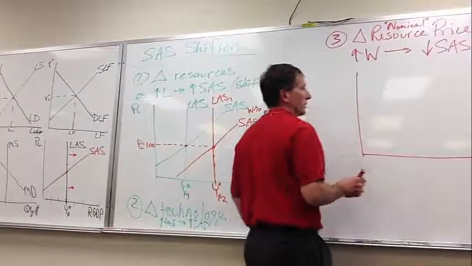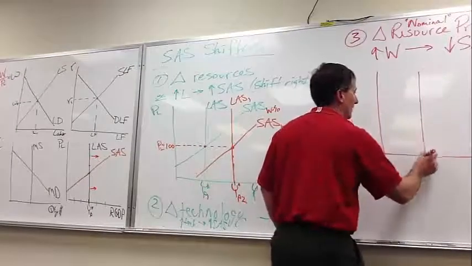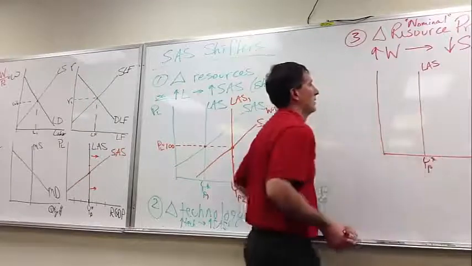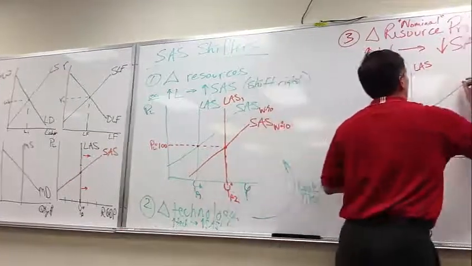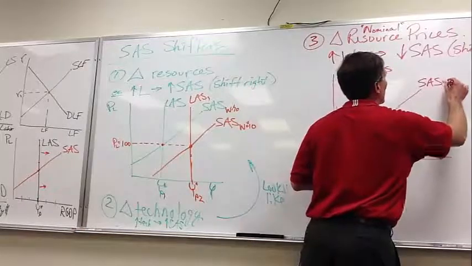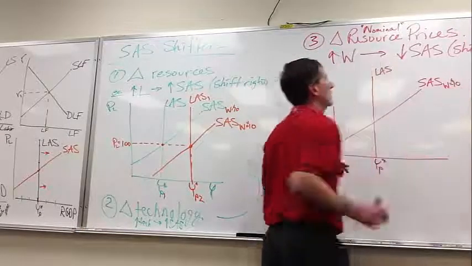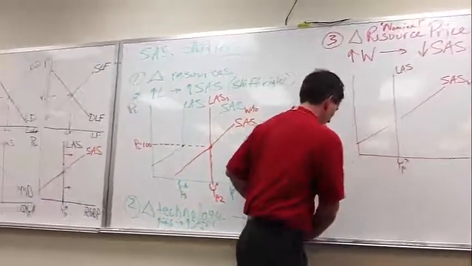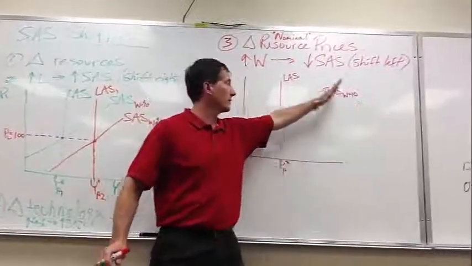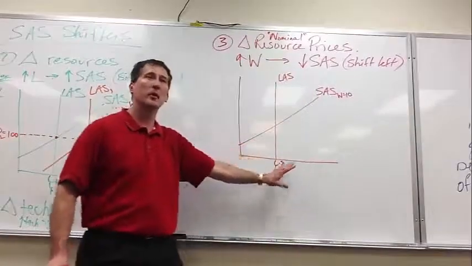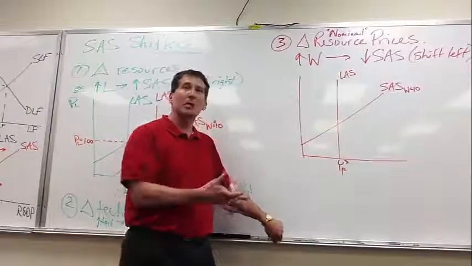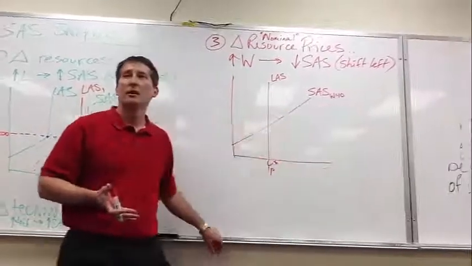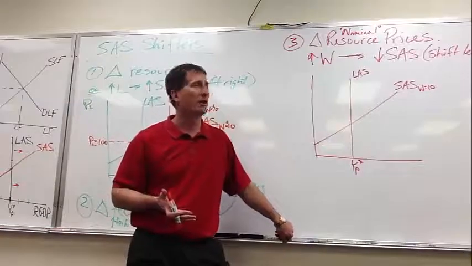Now this one I do want to graph out. So if we have nominal wages at $10, here's the same situation we were drawing before, but now we're going to have resource prices go up from, let's say, $10 to $15.